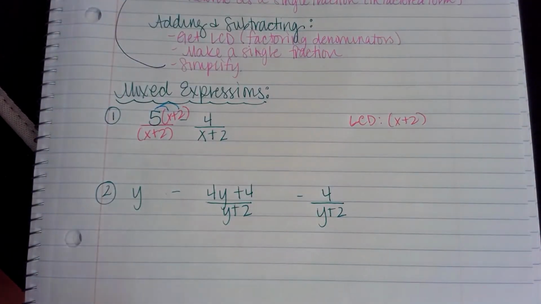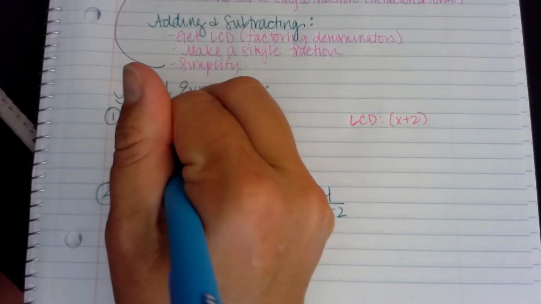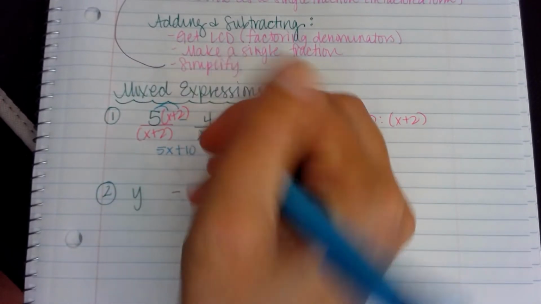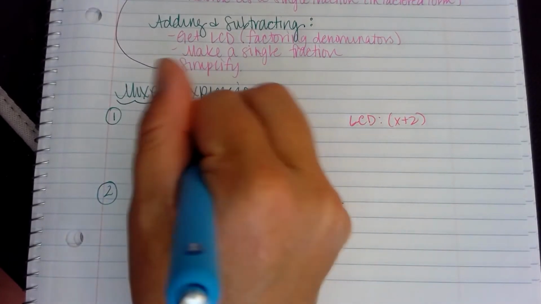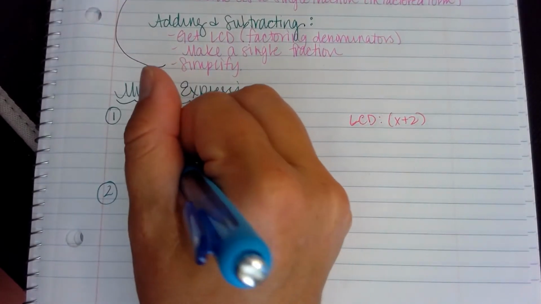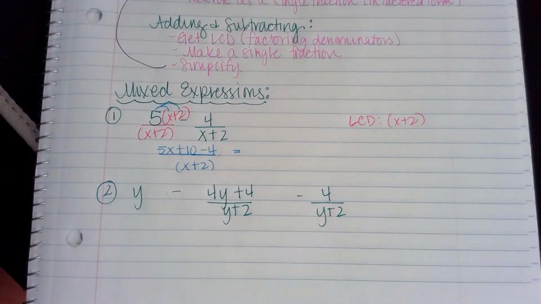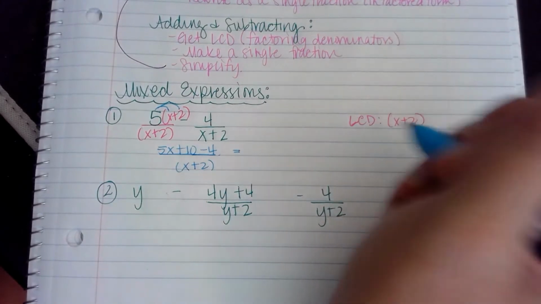I'm going to distribute. So 5 times x is 5x. 5 times 2 is 10. Then we have the minus 4. And it's all over our denominator of x plus 2. And then I combine like terms on top. So 10 minus 4 is 6.